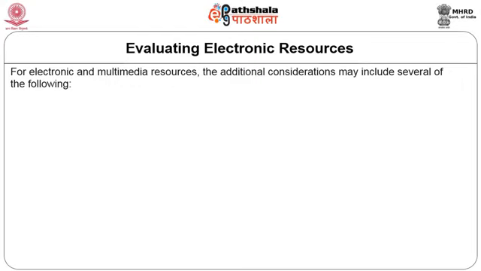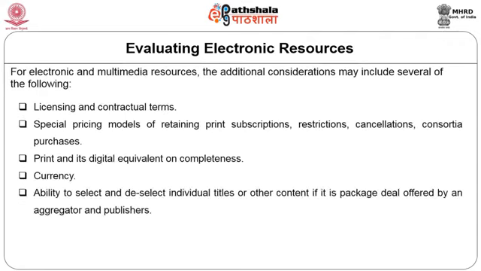If you look at the options that are available, these can be categorized into the three issues, that is of legal, technology and preservation strategies. The first and most important aspect in evaluating electronic resources is that of licensing and contractual terms.